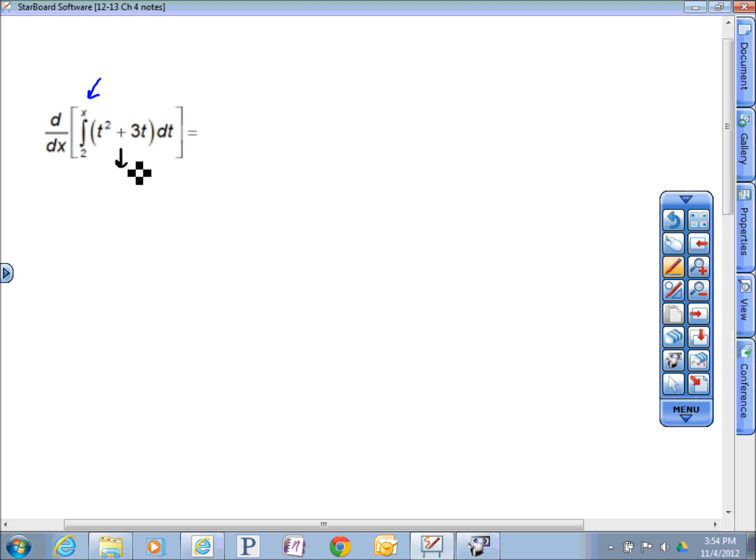The antiderivative of t squared would be 1/3 t cubed. The antiderivative of 3t would be 3/2 t squared. And I'm supposed to evaluate that going from 2 to x.